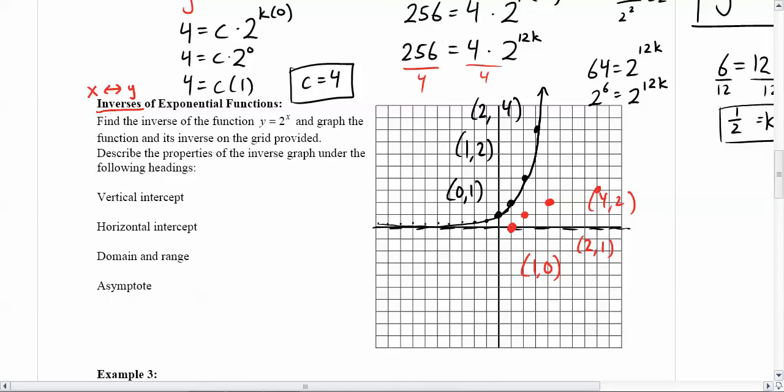Negative 1, 1/2 becomes 1/2, negative 1, and so on and so forth. So this one gets really, really close to the y-axis. Okay. It's a reflection in the line y equals x.